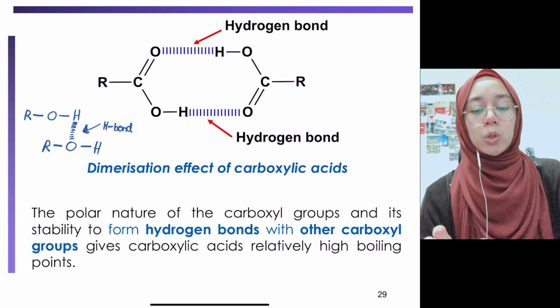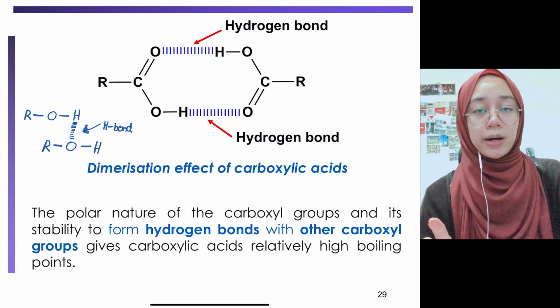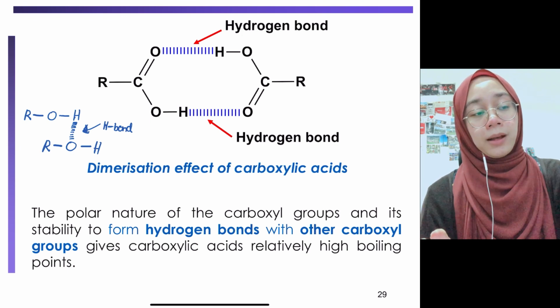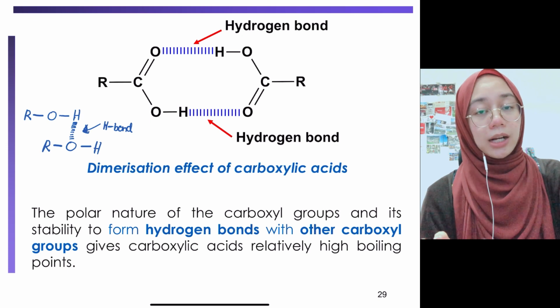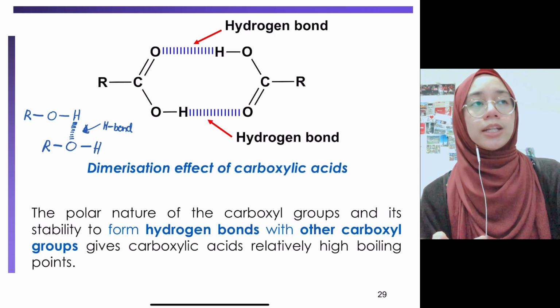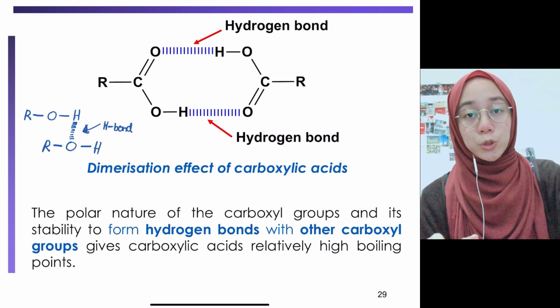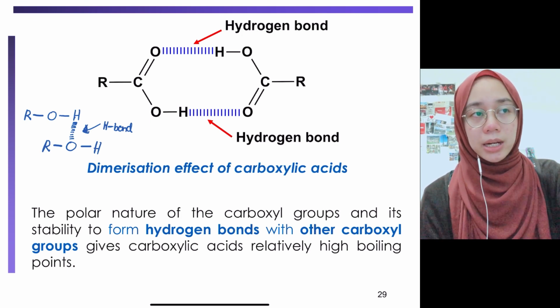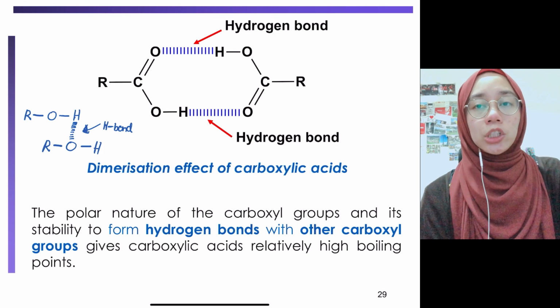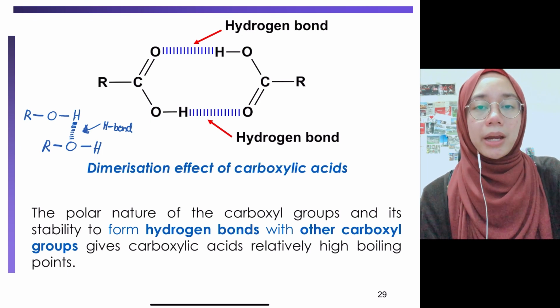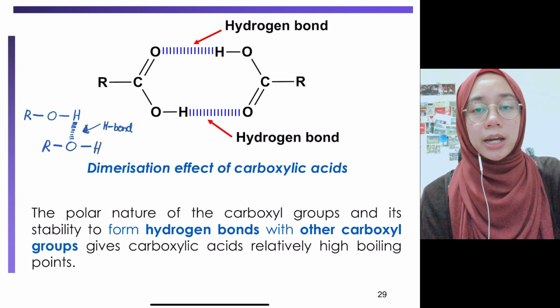Okay, so setelah kita bandingkan alkohol dengan carboxylic acid, kita tak ada comparison antara carboxylic acid dengan alkane, tapi I suppose you should know lah, comparison antara carboxylic acid dengan alkane should be the same macam kamu compare alkohol dengan alkane.